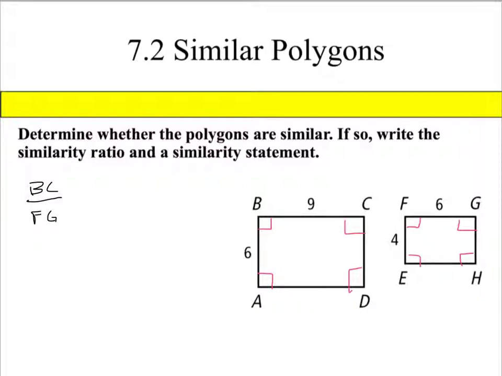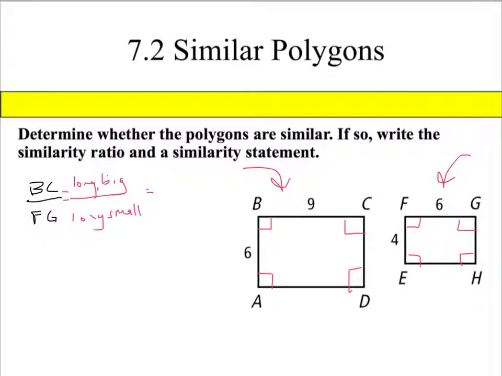Notice I have the long end of this first rectangle, and I have the long end of my second rectangle. So my ratio looks like this: the long segment on the big rectangle, and then the long segment on the small rectangle, put over one another.